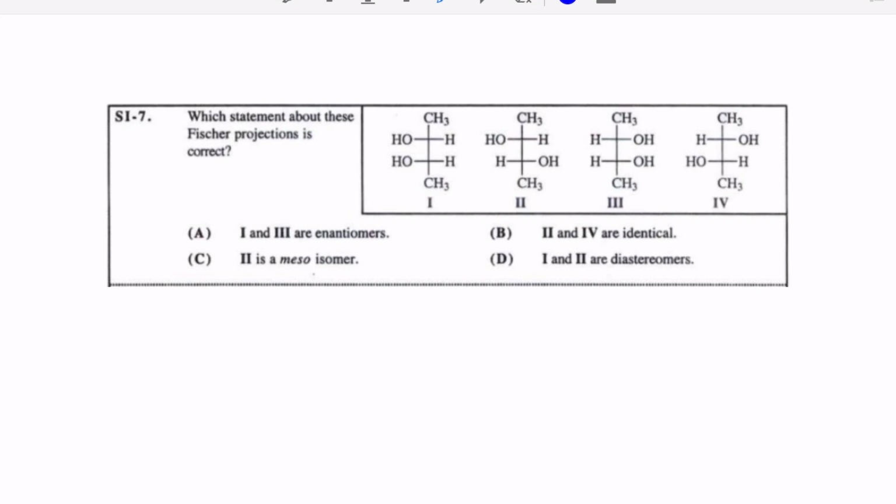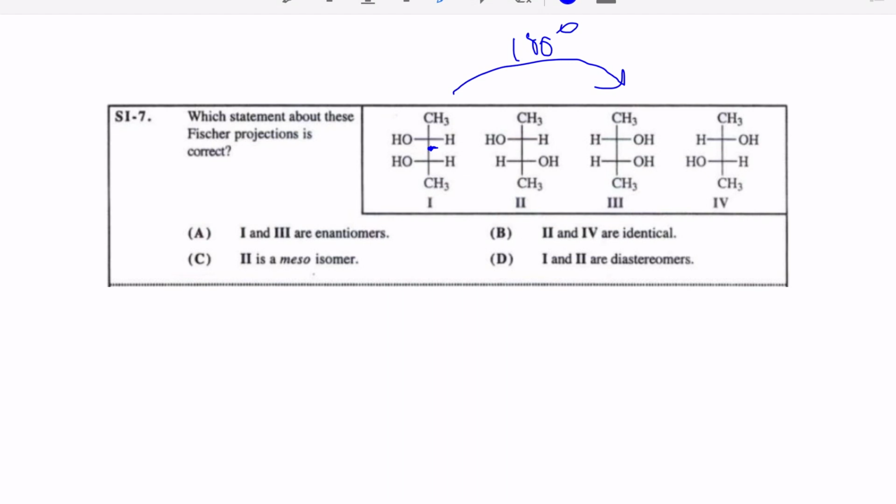If you take Fischer projection 1 and you rotate it by 180 degrees across the axis that is perpendicular to the plane of the paper and exactly at the center of the Fischer projection, if you rotate it 180 degrees, what you'll find is you can go from 1 to 3, and if you do another 180 degree rotation, you can go back to 1.